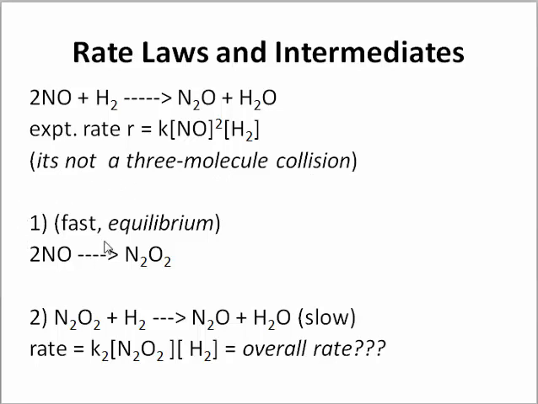Instead, we have two steps, one fast equilibrium step, in which two NOs make N2O2. Now note, because this is an equilibrium step, both the forward and the backward reactions occur, and a concentration of N2O2 builds up, which is in balance with the concentration of NO.